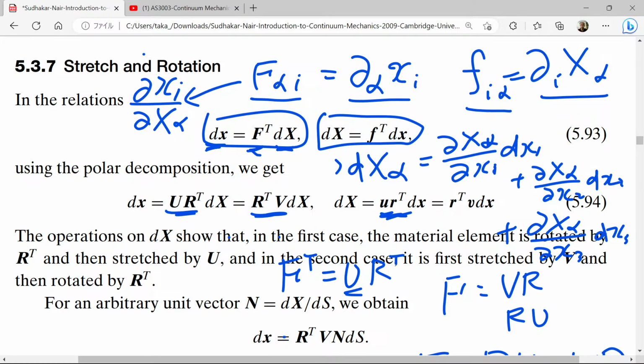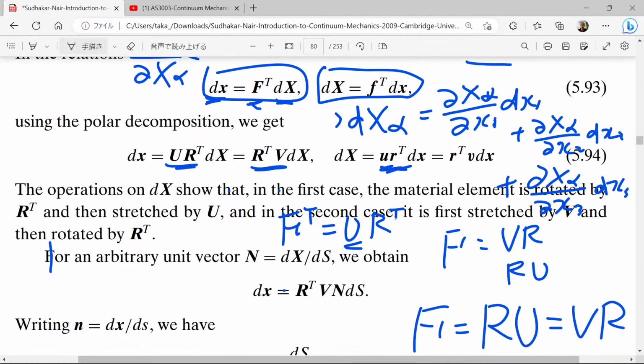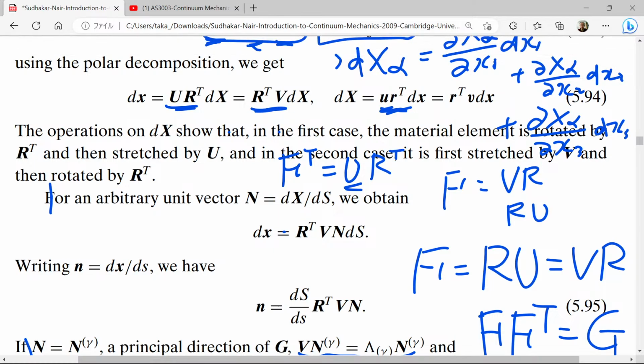For arbitrary unit vector n equal dx divided by ds, we obtain dx equal R transpose V n ds, writing small n unit vector as dx divided by ds in small letter.